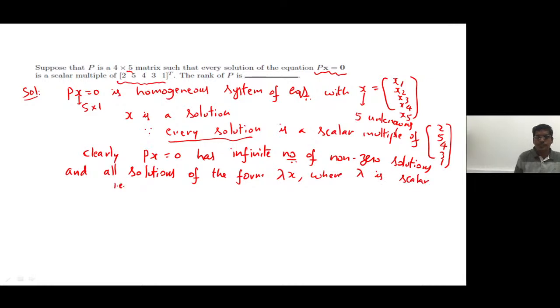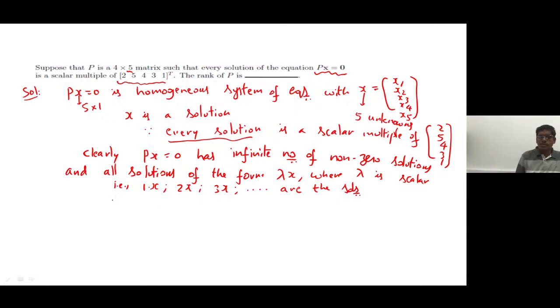That is, 1 into x, 2 into x, 3 into x, etc. are the solutions, infinitely many solutions, 0.1 into x, 1 by 2 into x, etc.